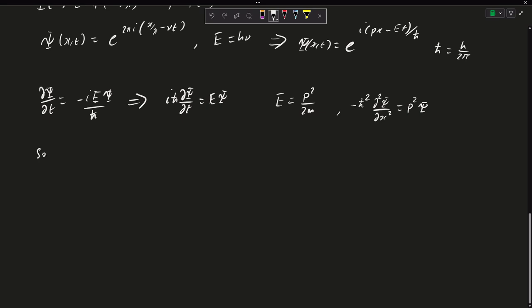So what we end up with is equating these two: i h bar d psi by dt is equal to minus h bar squared over 2m d squared psi by dx squared.